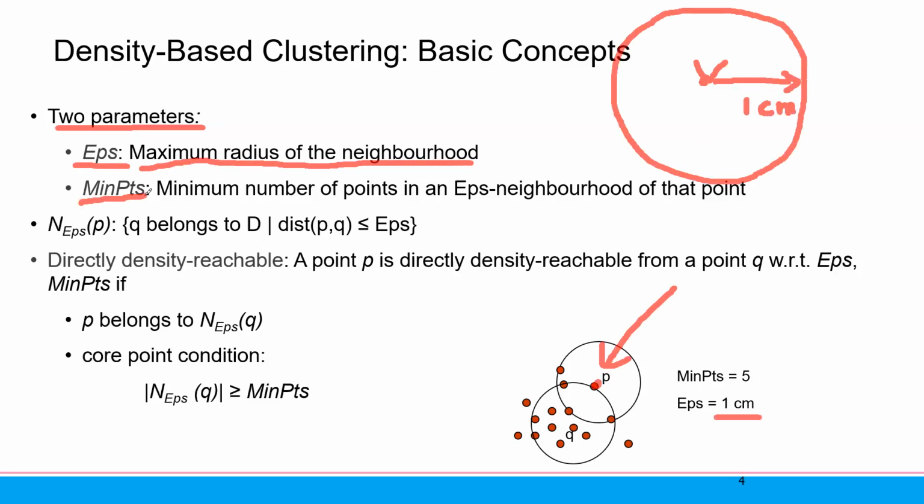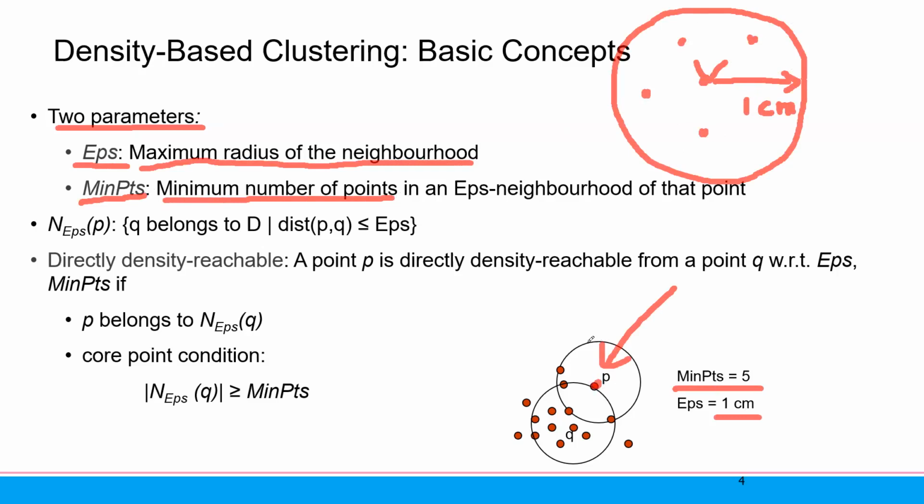And then we have another parameter, which is MinPts. MinPts means the minimum number of points. If we set the radius to 1 centimeter, and let's say MinPts is 5, then in this area there should be at least 5 points.